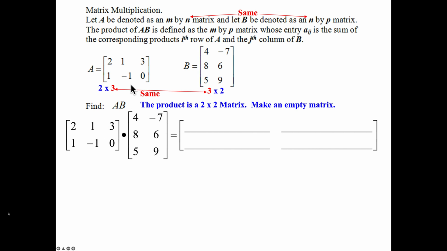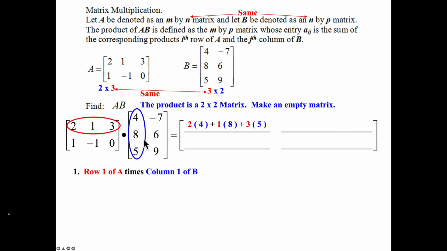The other thing I like to do is rewrite the matrices down, because to follow this rule, a sub 1,1, first row, first column, you take row 1 of matrix A and you multiply it by column 1 of matrix B. So 2 times 4 plus 1 times 8 plus 3 times 5. Now when you write this out, I strongly recommend all the column numbers be put in parentheses. All the row numbers are out in front of the parentheses.